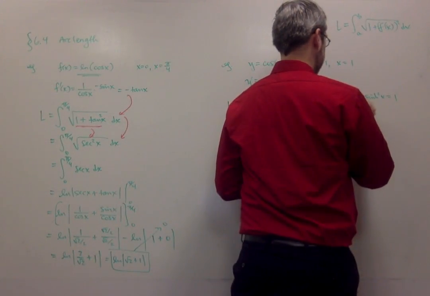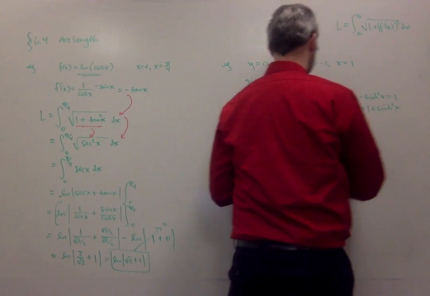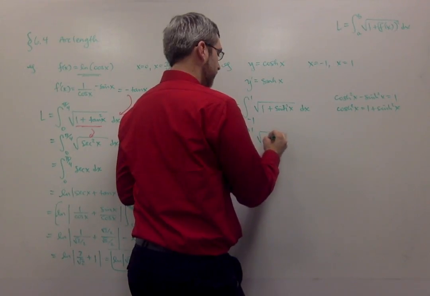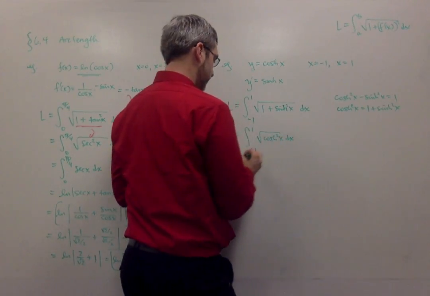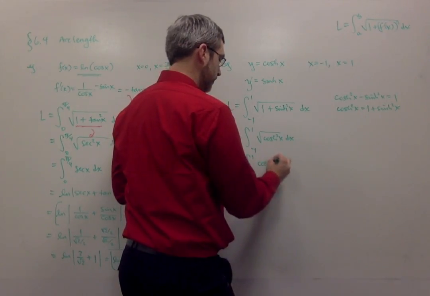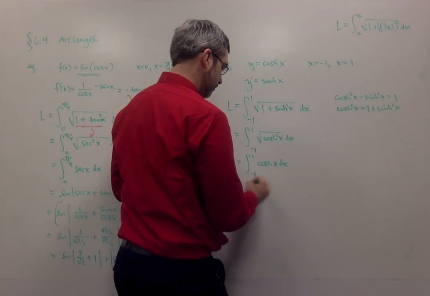So cosh squared is 1 plus sinh squared, which is what this was cooked up to do. So I get the square root of cosh squared. Square root of cosh squared is just cosh. And the integral of cosh is sinh.